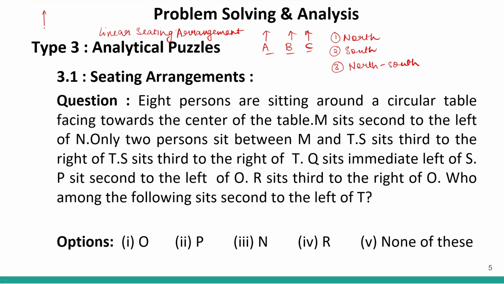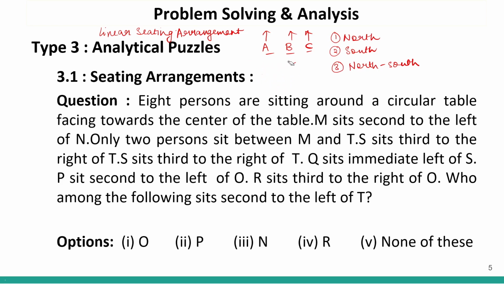In that we discussed a small chart of directions. I'll use this space, okay? This was north, this was south, this was west, east, and then this was northeast, this was southeast, this was southwest, and this was northwest. Correct? Something like this. This we discussed in following directions.